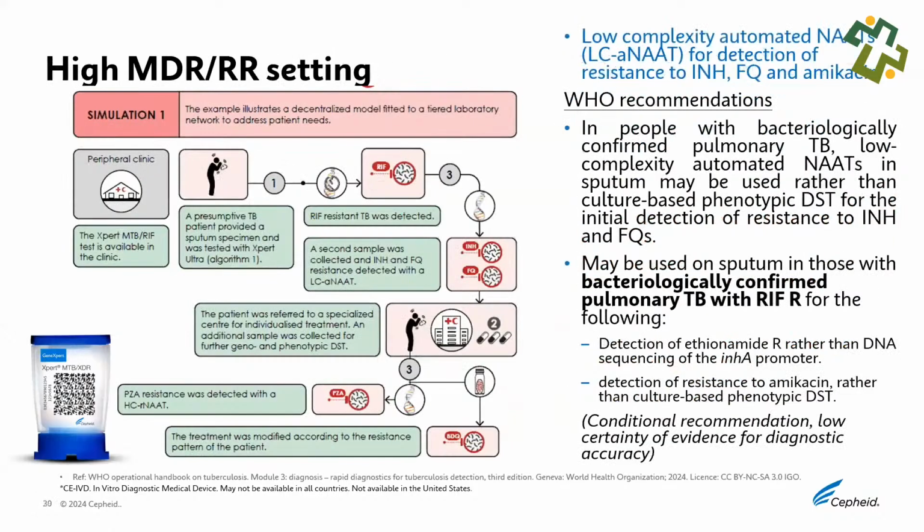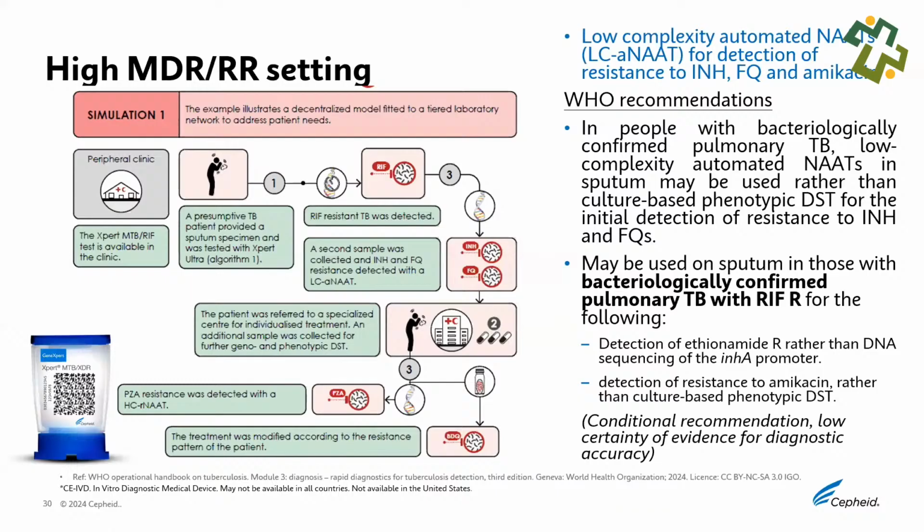So this is the same, but this talks to the high MDR, multi-drug resistant setting as well. As we did mention, with multi-drug resistant, after we have run the first test, the primary test, you are reflexing now to run a second test to check more.